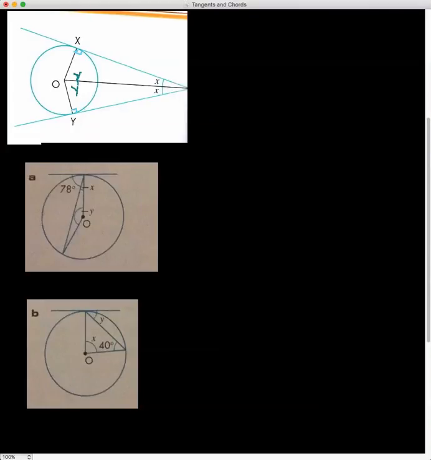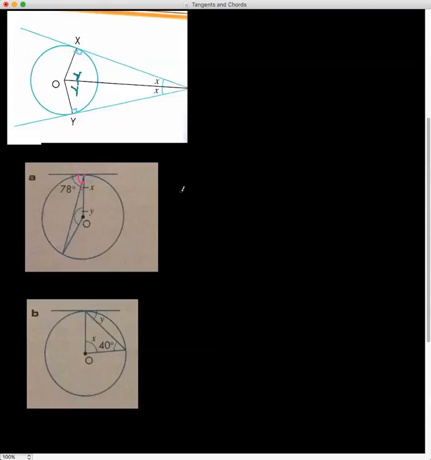Well, we have 78 degrees up to this point here, and then there's a little bit of angle in here in between the radius and this tangent line. So I know this whole angle is 90 degrees. So from O all the way out to here, that line creates a 90-degree angle.